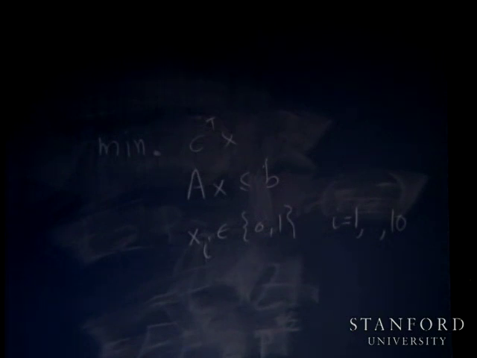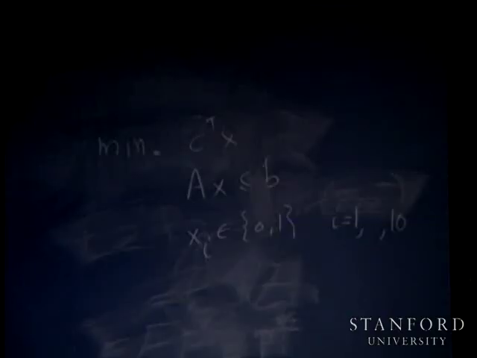You'd run 1,024 LPs. And what would the answer be, by the way? No, I mean, how would you get the answer? You'd run 1,024 LPs, and you just take the best one. Okay, so that's what you do.